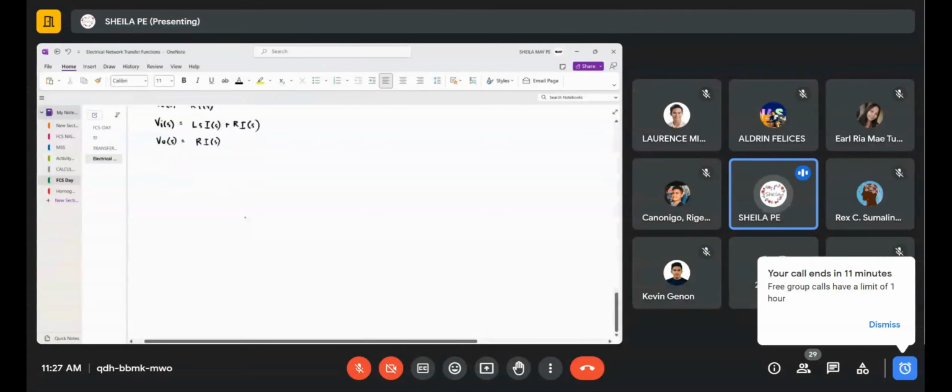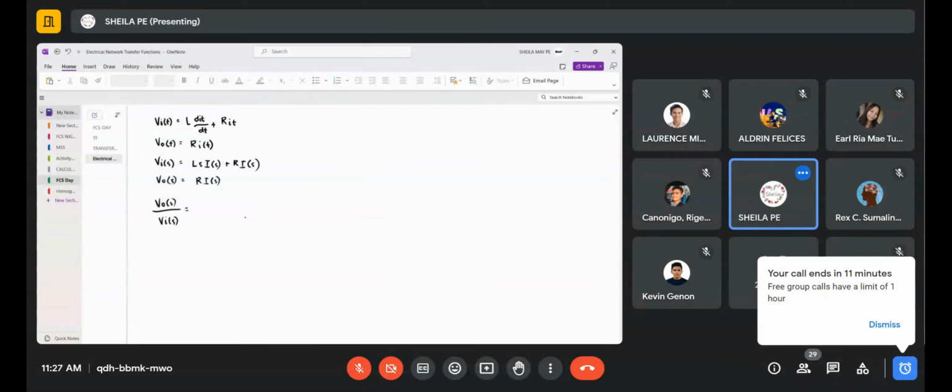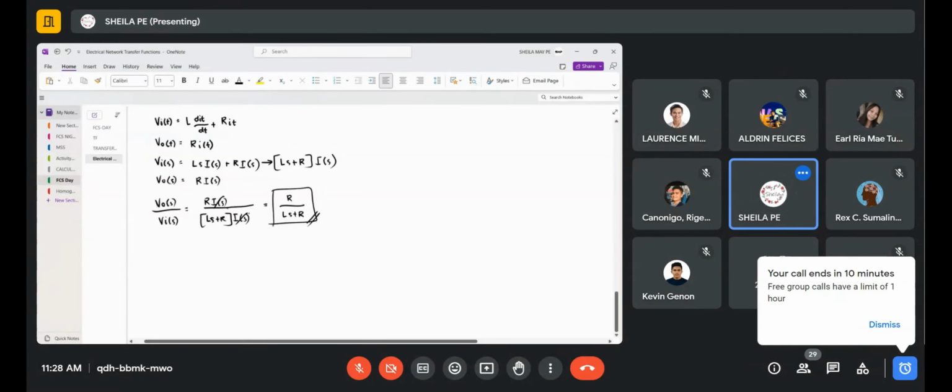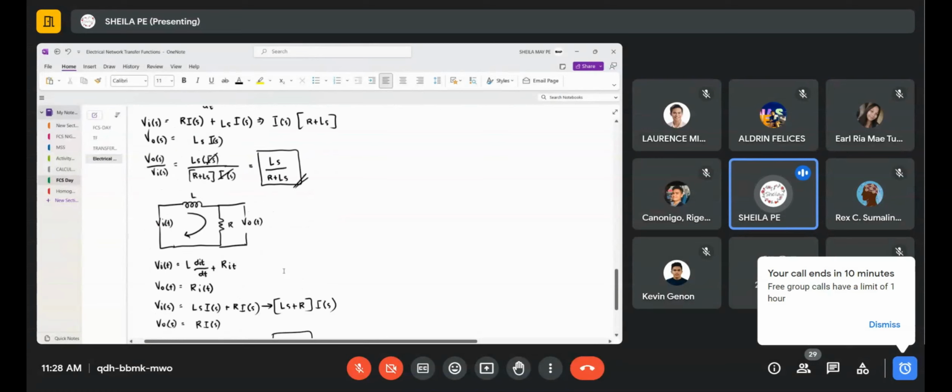Getting the output over input, V(s), R I(s) over L. That's how you find the output across our resistor.